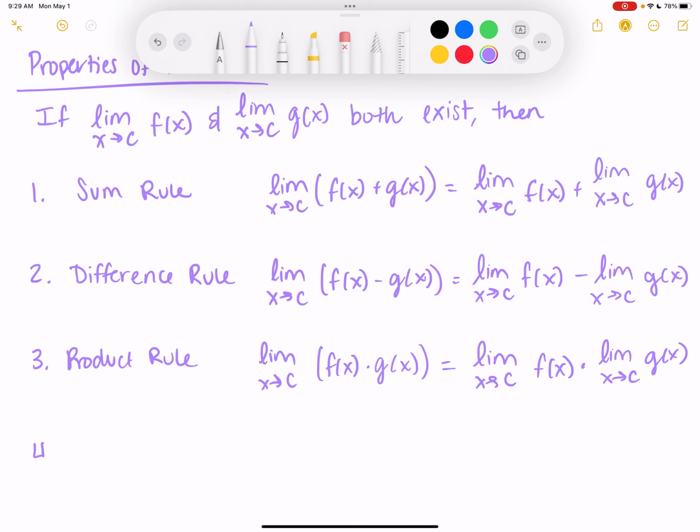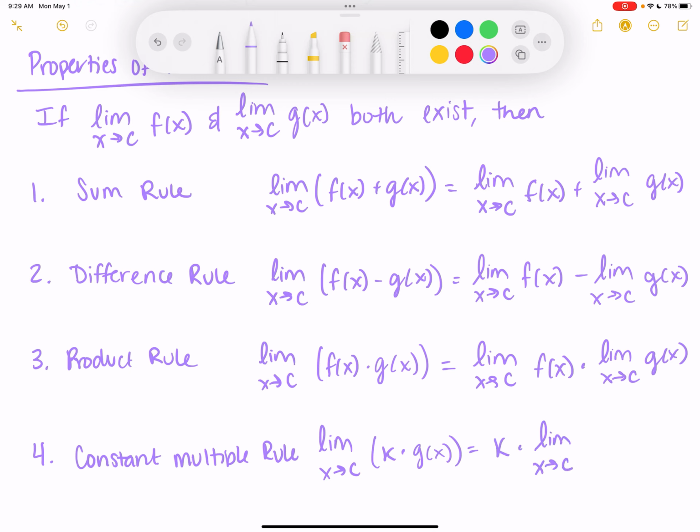We have then a constant multiple rule. Which says that the limit as x approaches c of k times g of x is equal to k times the limit as x approaches c of g of x.